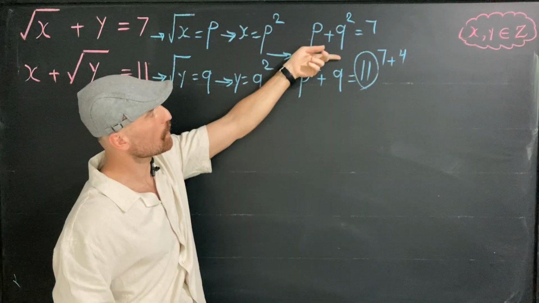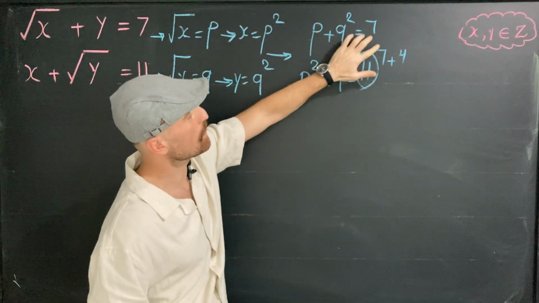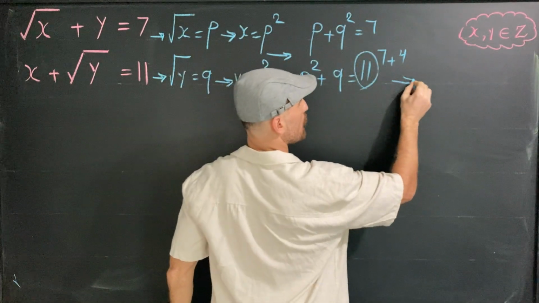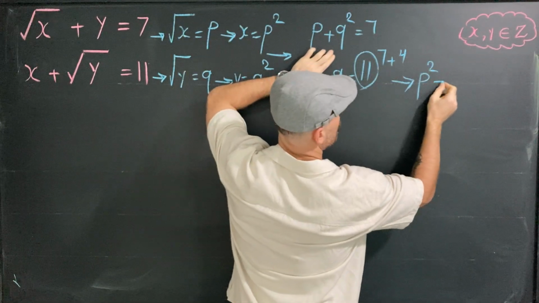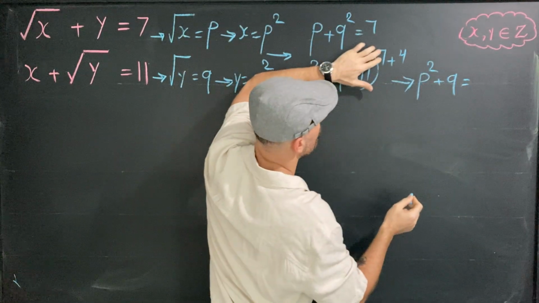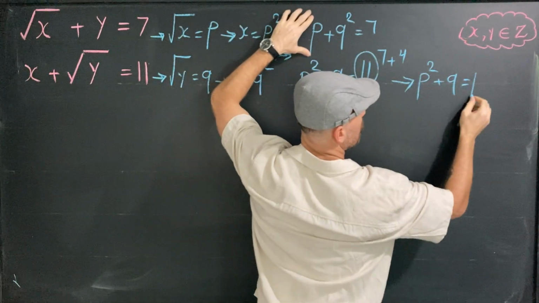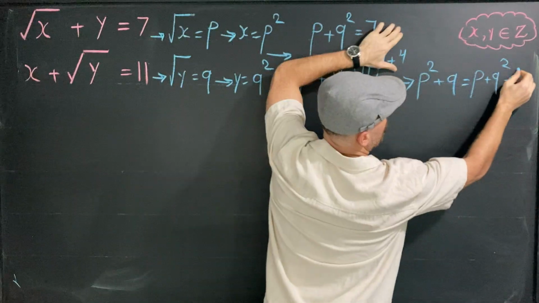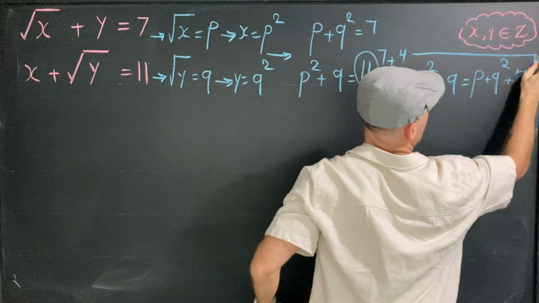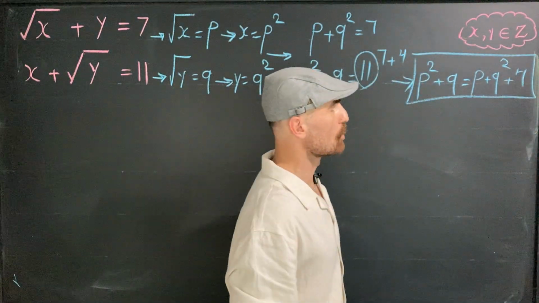So I can rewrite p plus q squared instead of this 7. Equation number 2 is going to be p squared plus q equals 7, or p plus q squared plus 4. Now, this one is going to be our base to continue the solution.